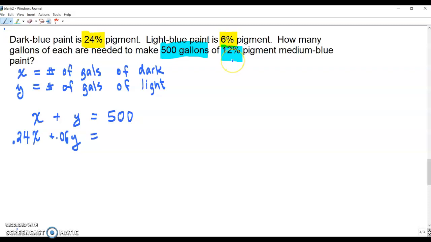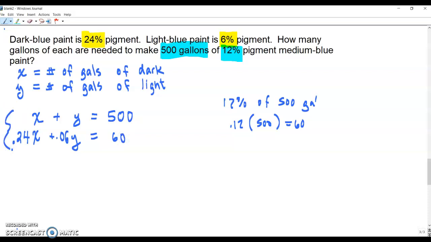I want 12% of it to be pigment. What's 12%? Just a little side work. What's 12% of 500 gallons? Well, 0.12 times 500 is 60. So in that final mixture of 500 gallons, 60 gallons of it are just pigment, pure coloring.